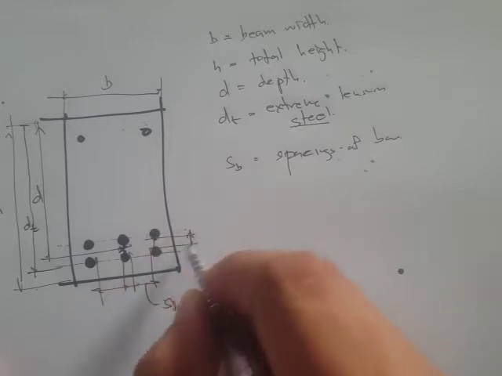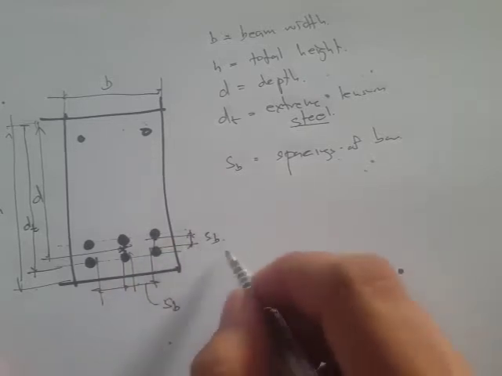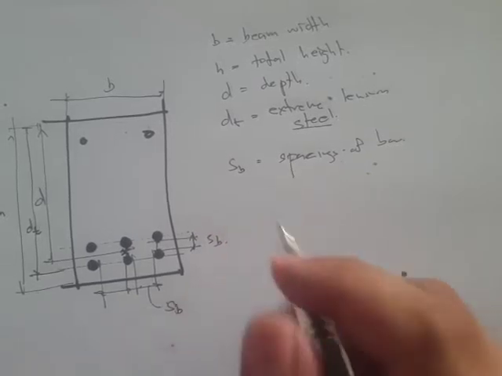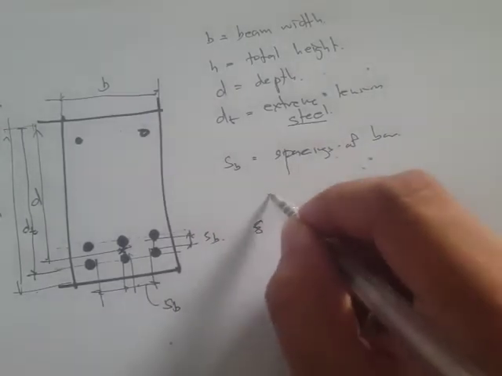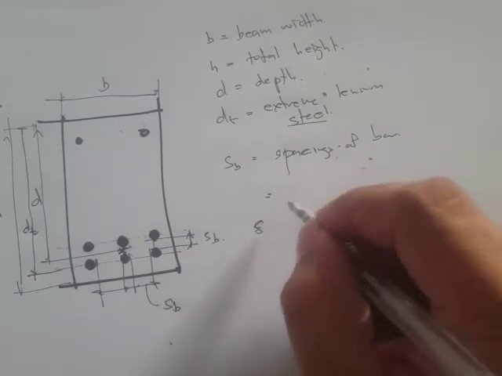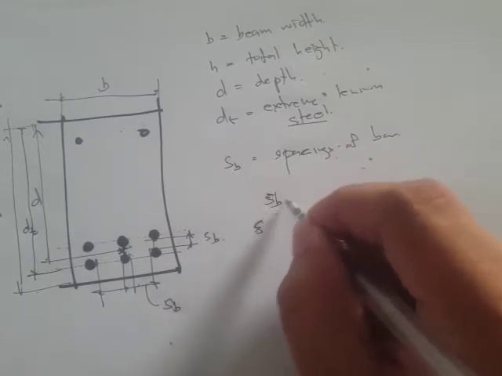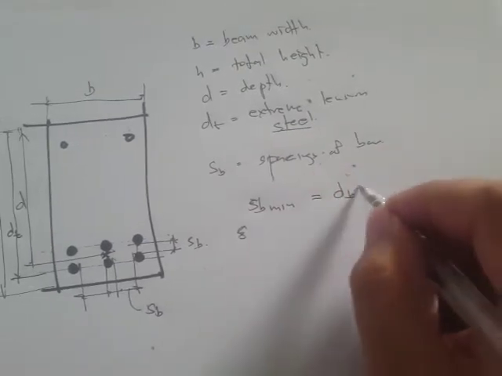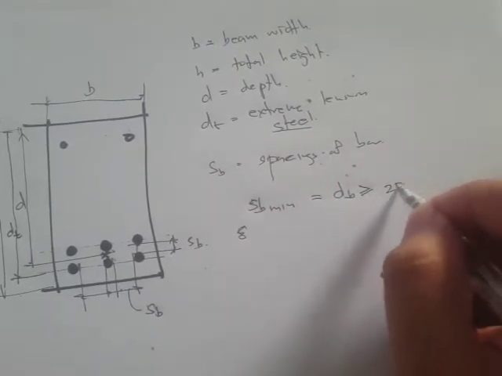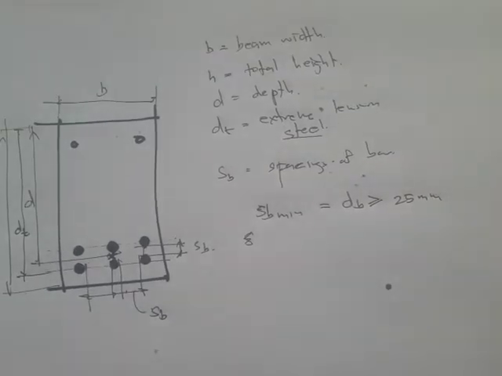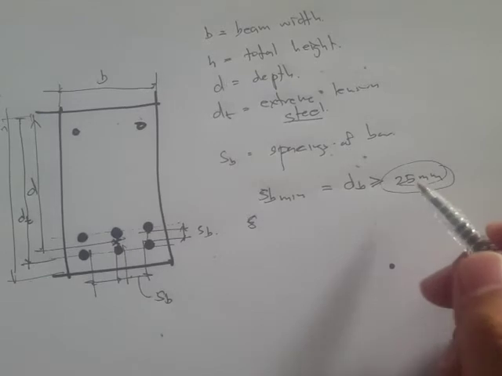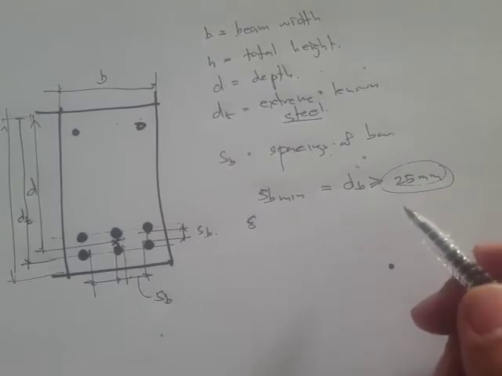So that's going to be the S sub B. With regard to S sub B, the code requires a minimum: S sub B is equal to the bar diameter or greater than 25 mm. So that's going to be our bar spacings.